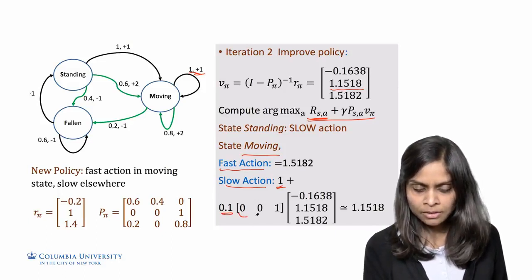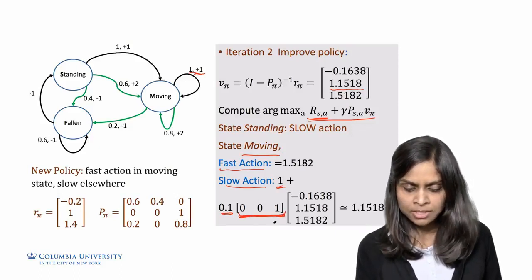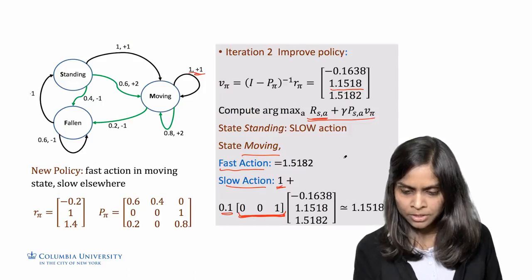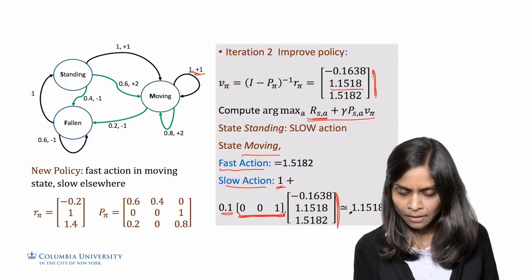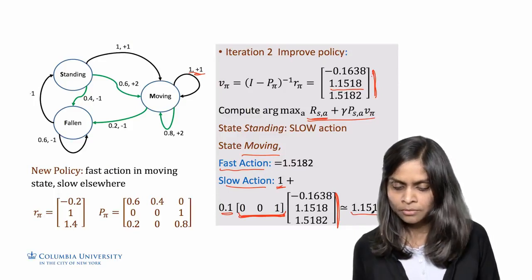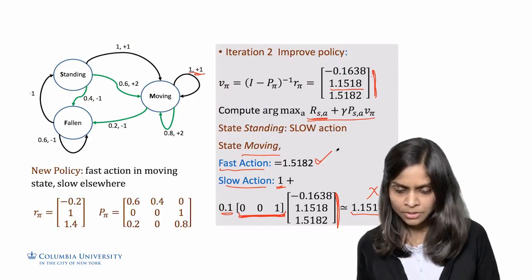Gamma is 0.1. The transition probability vector for the slow action is this because it always stays in the same state for the slow action, and we get the V pi from here. And this evaluates out to be close to 1.15, clearly worse, so we keep taking the fast action.